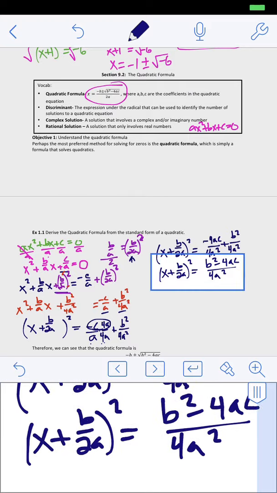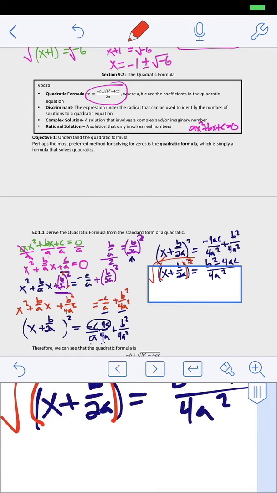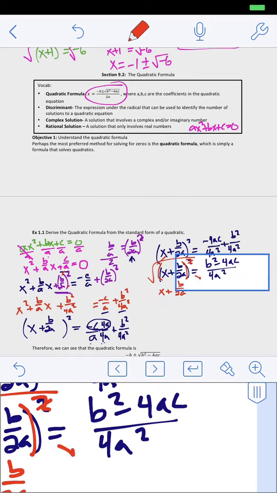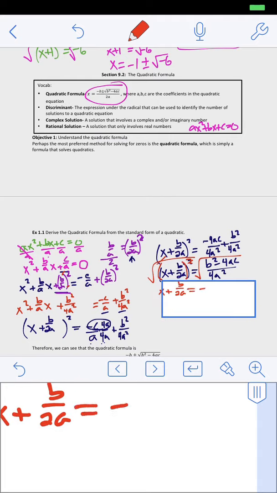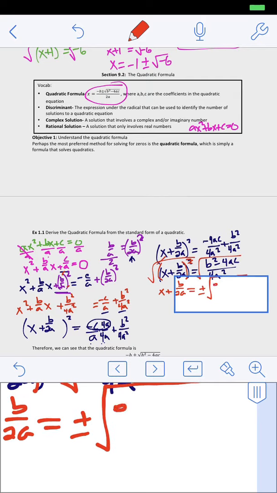I'm good. I can now take the square root of both sides, right? Because now I have something being squared, so I can take the square root so that they cancel. I end up with x plus b over 2a. What I do to one side, I have to do to the other. So that equals plus or minus the square root of b squared minus 4ac all over 4a squared.